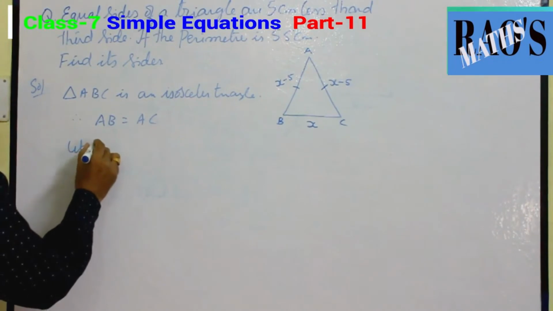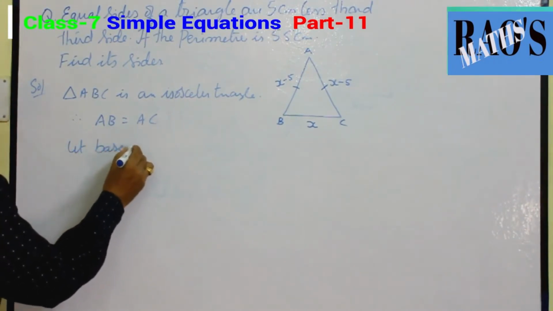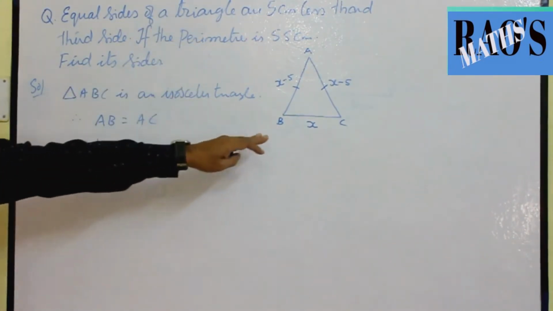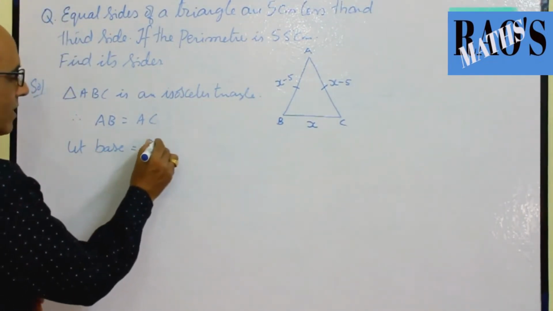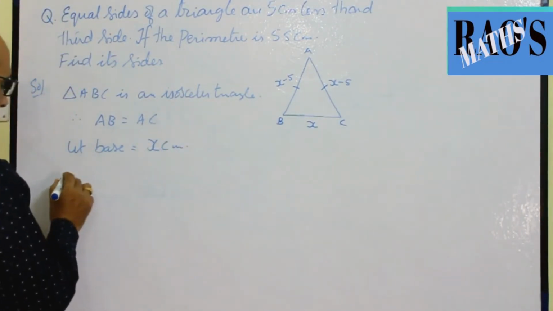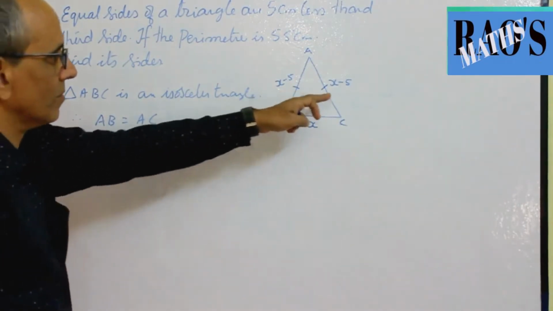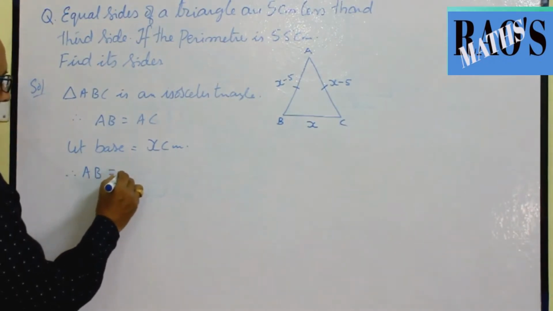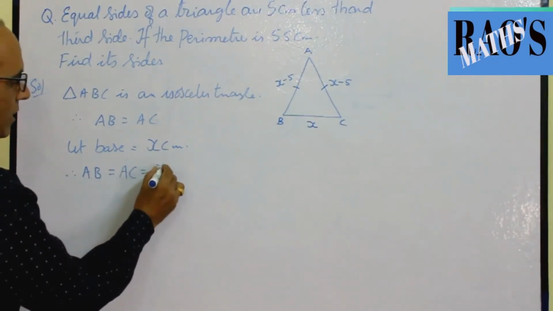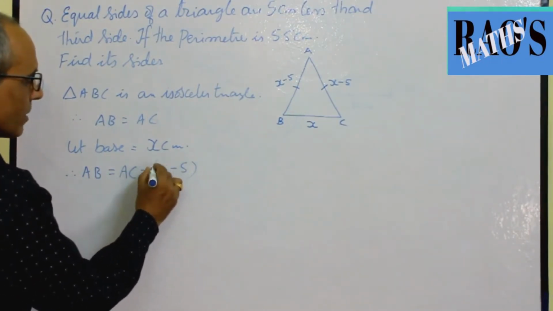Let the base, of course it is given as the third side, here it is the base in our triangle, be x centimeter. Therefore, the equal sides, that is AB and AC, both measure x minus 5 centimeter.